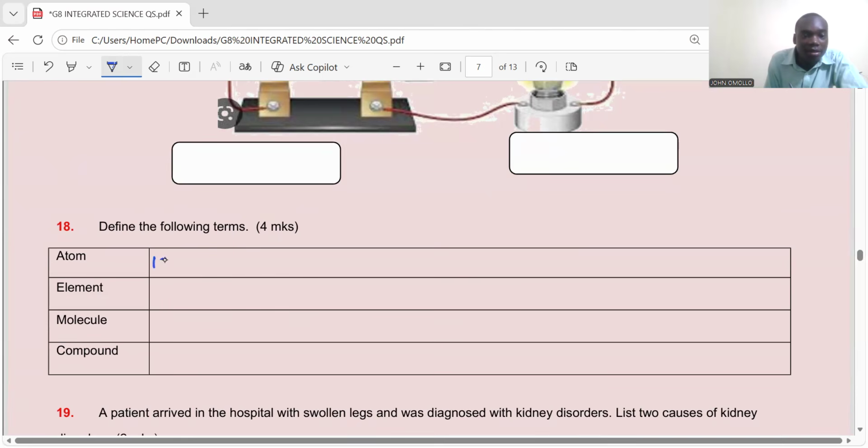Now, atom is the smallest particle of an element that can take part in a chemical reaction.